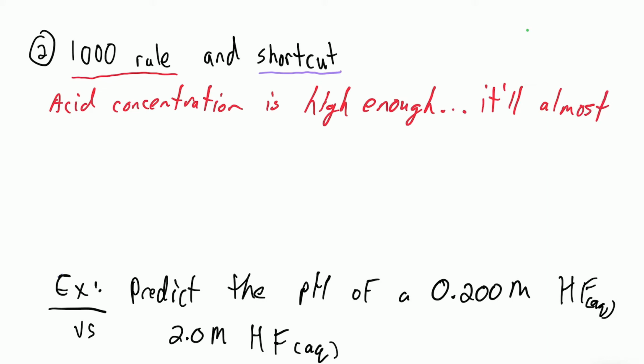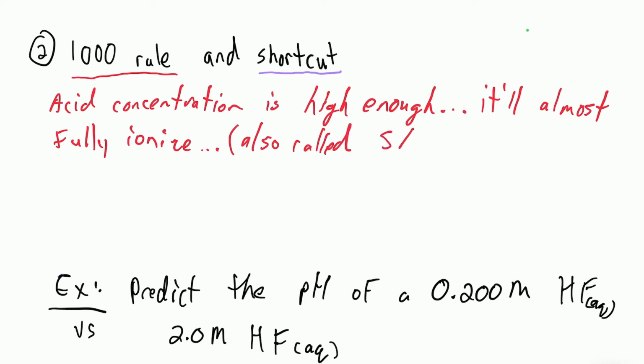And for us, that almost is going to be good enough for us to neglect anything that might be lost. So this is also called the 5% rule. In university, they might call this the 5% rule.